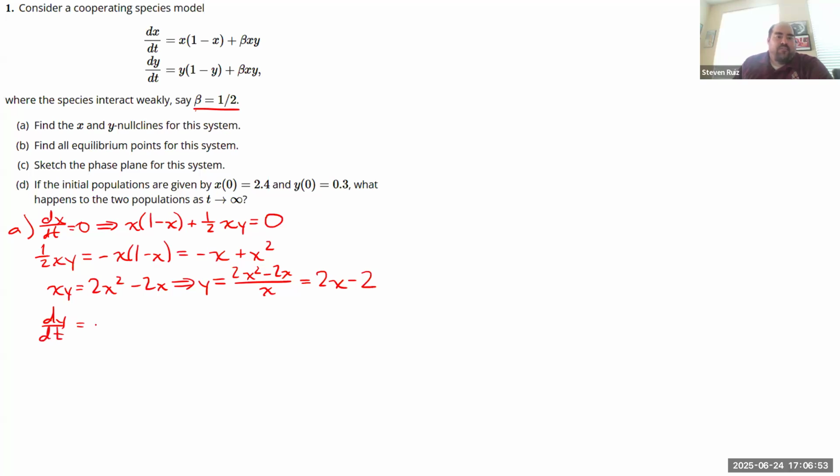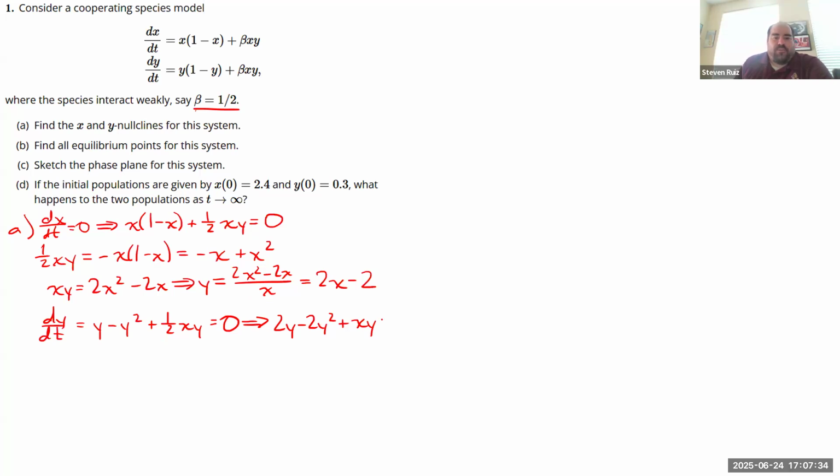So I'm going to go ahead and distribute off the bat. So y minus y squared plus 1/2 xy equals 0. Let's double everything. So 2y minus 2y squared plus xy. I isolated y last time. Now I only have one instance of x, so I'm going to isolate x. For the same reason that I assumed that x could not be 0, I'm going to assume that y cannot be 0. I want to study this system assuming that there are populations of both of these things.